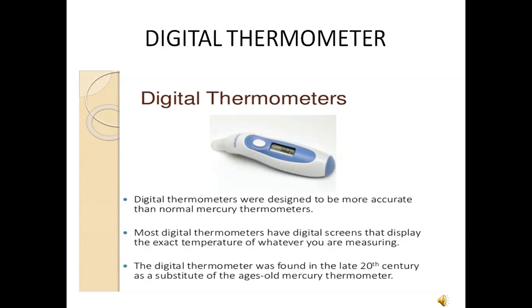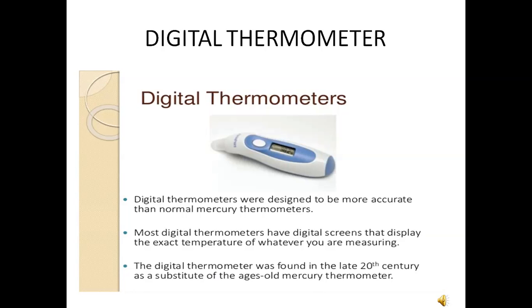These days, digital thermometers are available which do not use mercury. Instead, it has a sensor which can measure the heat coming out from the body directly, and from that can measure the temperature of the body.